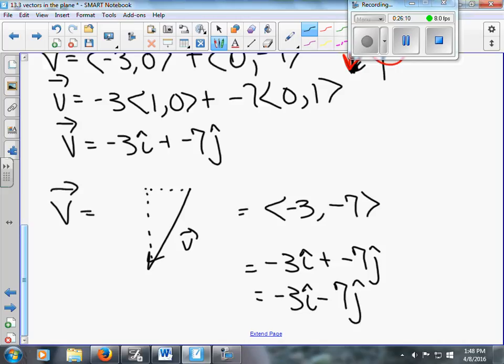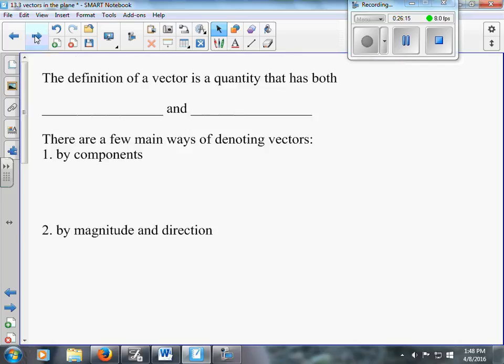Then the tangent of theta is the y component divided by the x component. Also, the sine of theta equals y divided by the magnitude of the vector. And then I multiply both sides by the magnitude. The magnitude of the vector times the cosine of the angle is the x component of the vector.